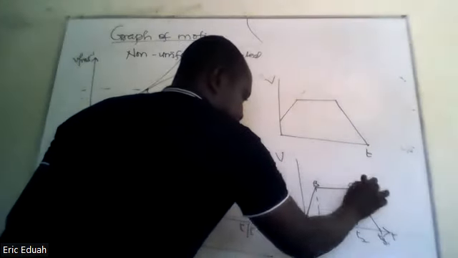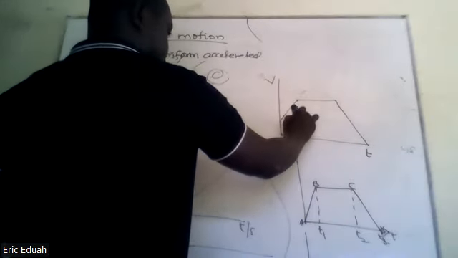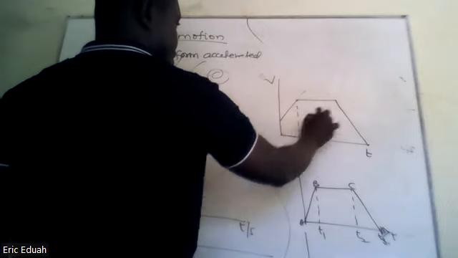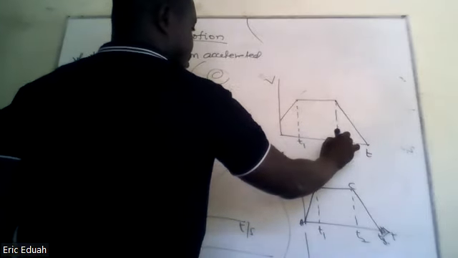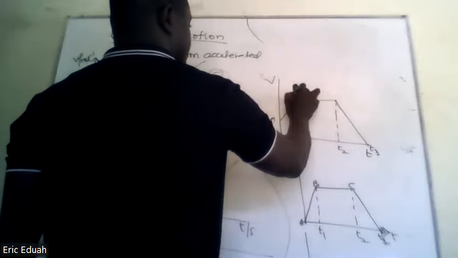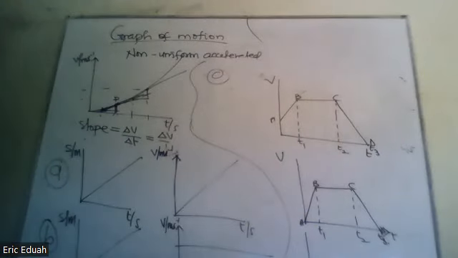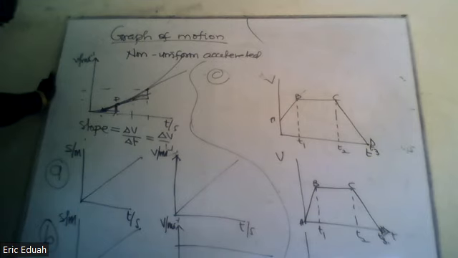Then at point B it stopped accelerating and started moving with a constant velocity. You go to C and decelerated. Use the term decelerated, it decelerated uniformly.